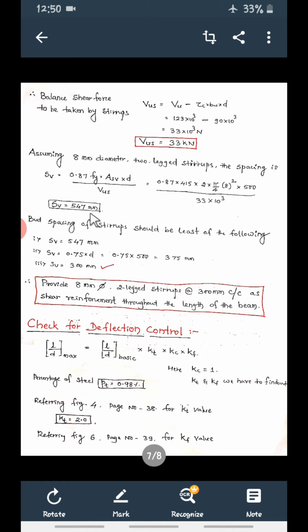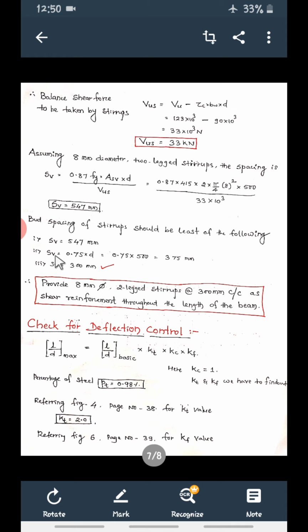So don't directly provide this spacing. Spacing means center of one stirrup to the center of another stirrup. There are 3 criteria we have to consider. The spacing of stirrups should be the least of the following, the lesser value of the 3 values. One is SV spacing equal to 547 mm.